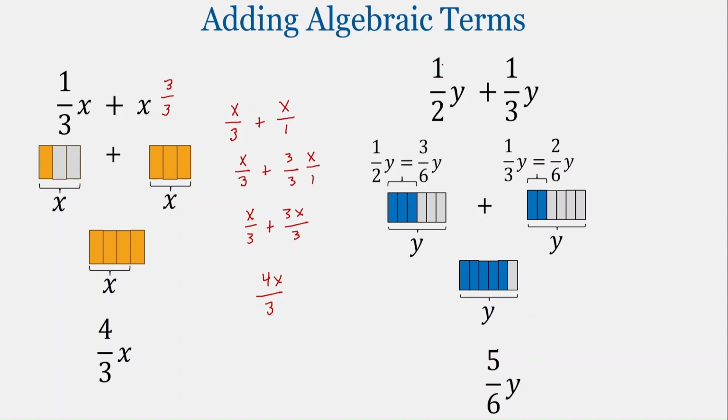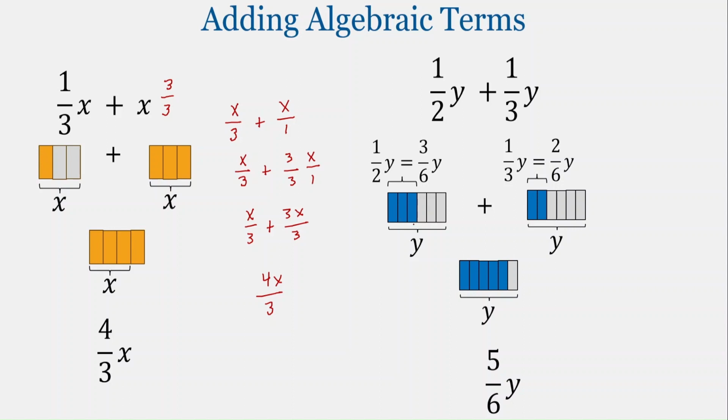So in the second problem, we have 1/2 y plus 1/3 y. Well, let's find equivalent fractions. So 1/2 y, an equivalent fraction, is 3/6. So we can take y and split it into 6 even pieces. And when we do that, 3 of those 6 will be shaded.